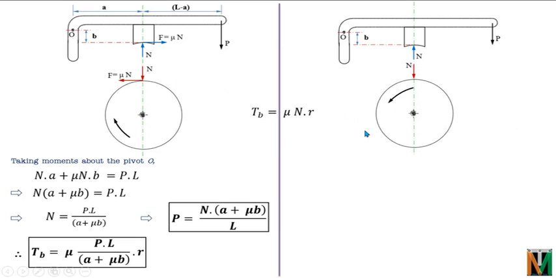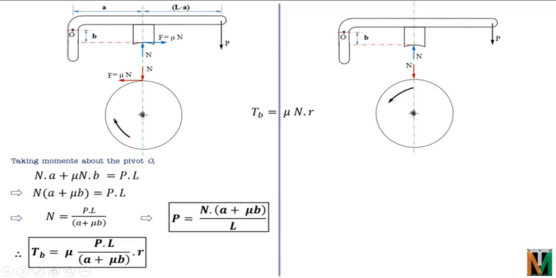Now since this drum is rotating in the anti-clockwise direction, the velocity at this point will be in this direction, meaning towards the left. So the force of friction in this case will be acting in the right direction. As the drum is rotating in the anti-clockwise direction, this will be the direction of rotation of the drum, so the force of friction will be acting in the opposite direction, that is towards the right.